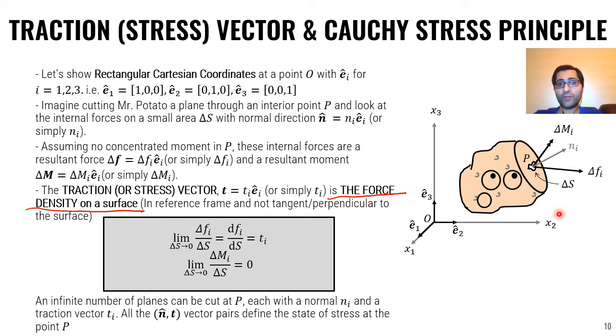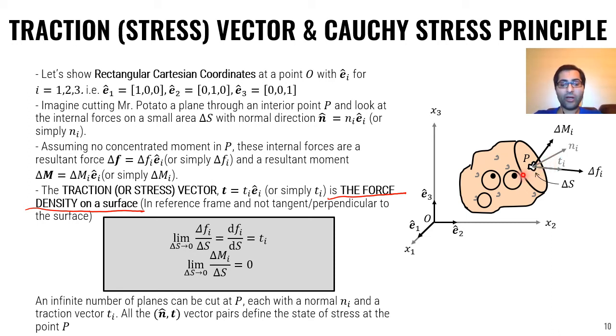Also, another point to consider is we could cut any other plane through the body at point P. So basically, we have an infinite number of cut planes through any arbitrary point inside the body. The traction vector is defined with respect to the normal to the surface at the point.